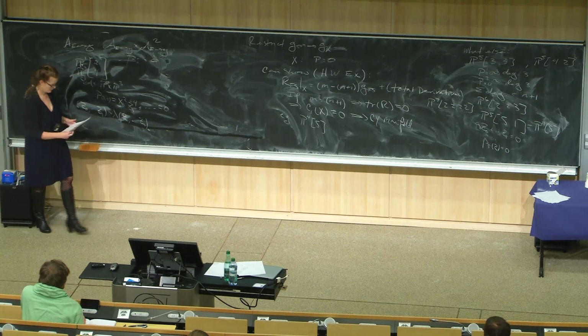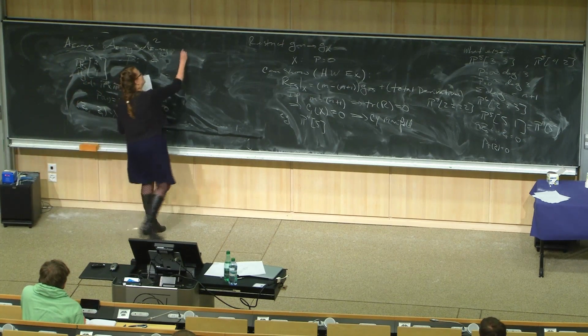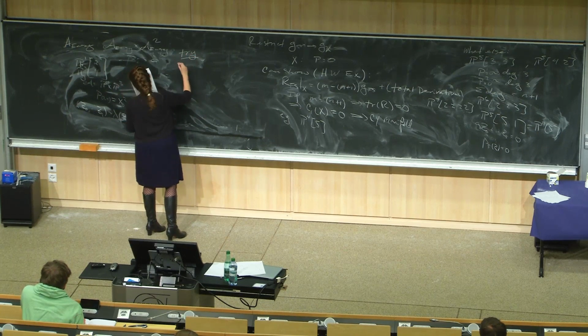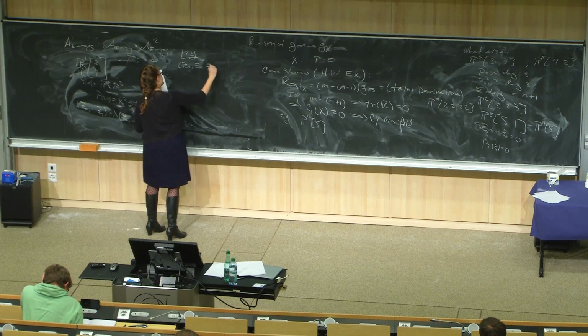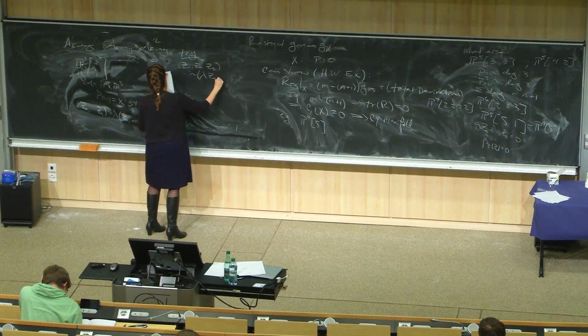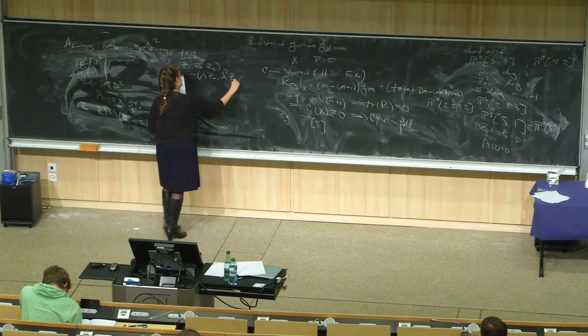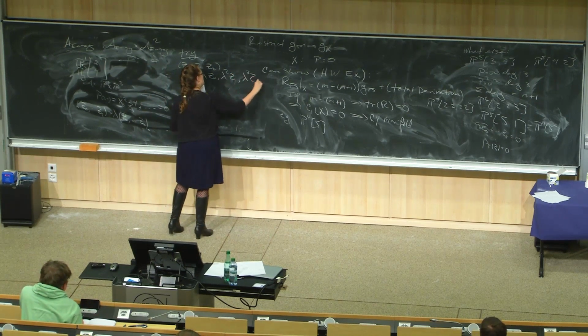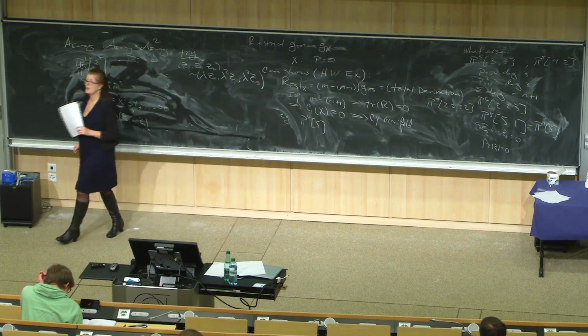So another easy generalization, you could try instead something like taking, for example, z0, z1, z2, and having them scale with different values of lambda. And this will also produce for you a compact space.